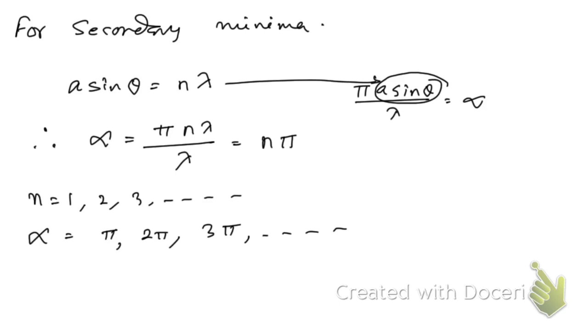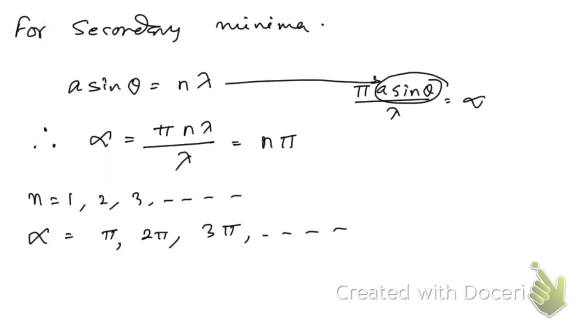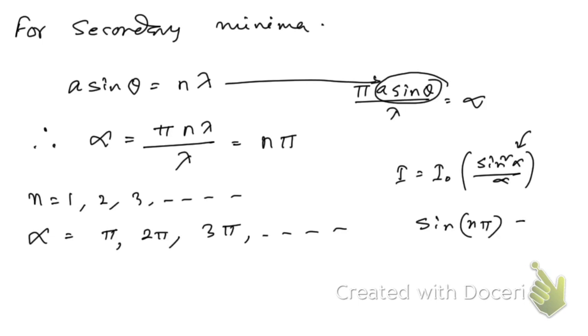Now if we substitute these values of alpha in this equation of intensity, so let me copy this. Here you see, if we put the value of alpha in this relation, we know that sine n pi is equal to 0. So these are the positions where we're going to get the dark fringes.